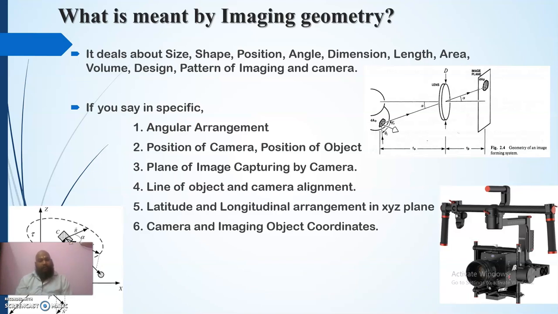So like this we can specify different definitions for imaging geometry. If you say it simply, imaging geometry is the position of camera and position of object that is suitable for imaging.